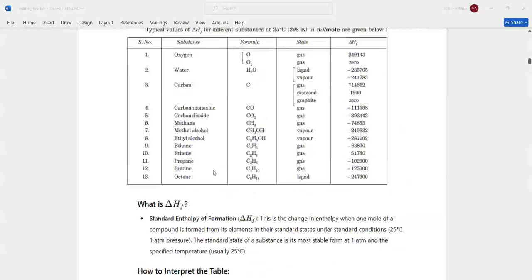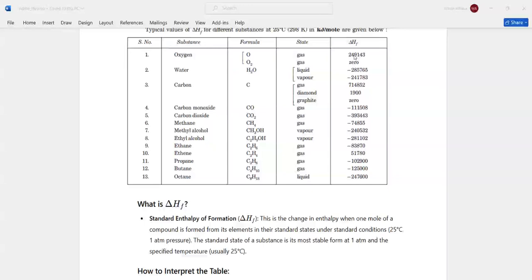If the reaction is giving you a negative HF, then that reaction is releasing heat to the surroundings. But if it is positive, then it is going to absorb heat from the surroundings.